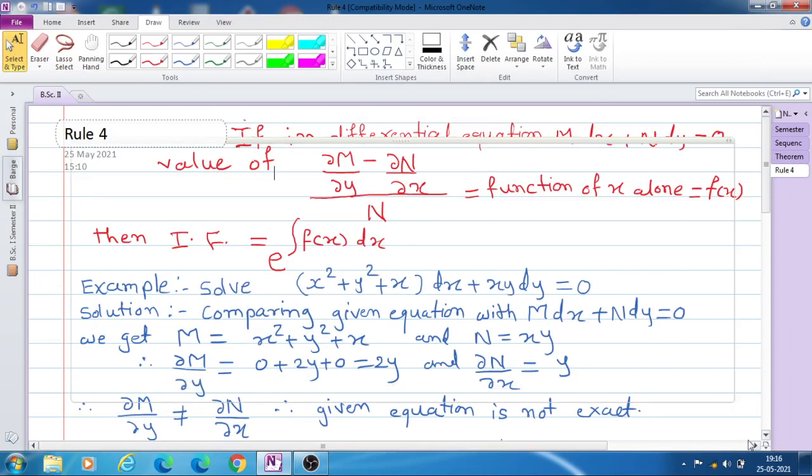In this lecture we see the value of rule 4 for finding integrating factor. So what is rule 4?